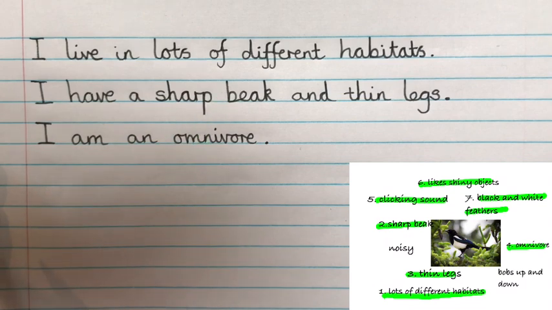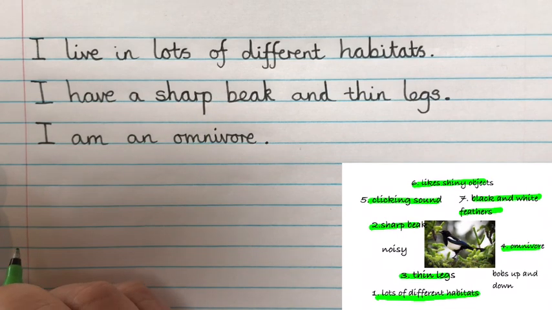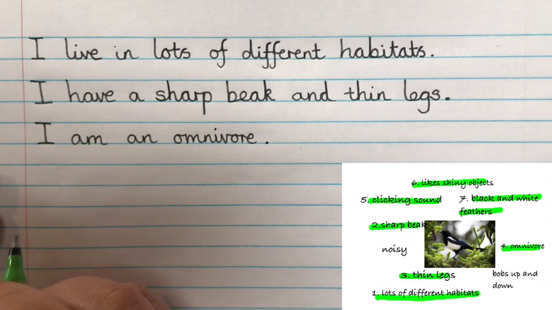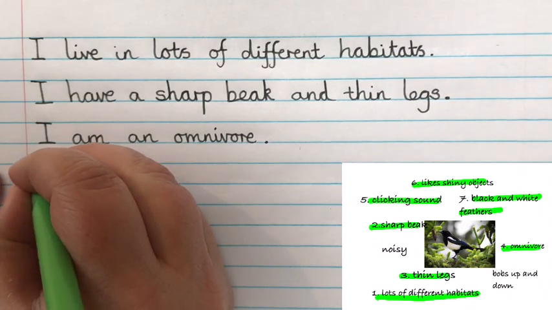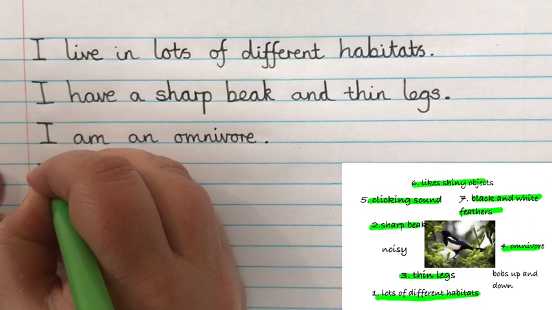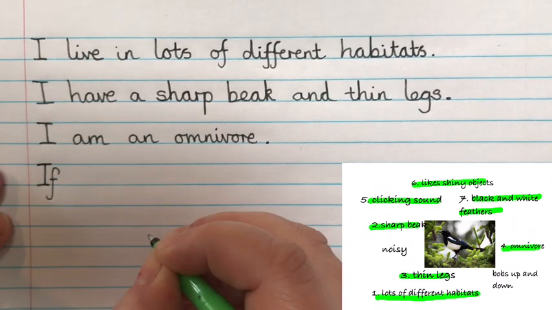Now I did think about if you listen carefully. But one of my other facts about magpies is that they're quite noisy. So I think I won't put carefully, I will just say, if you listen, you will hear me clicking. So if, capital letter at the beginning of the sentence.